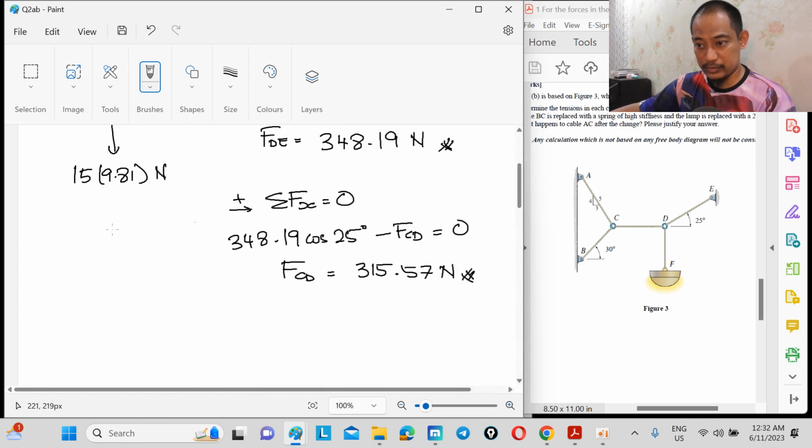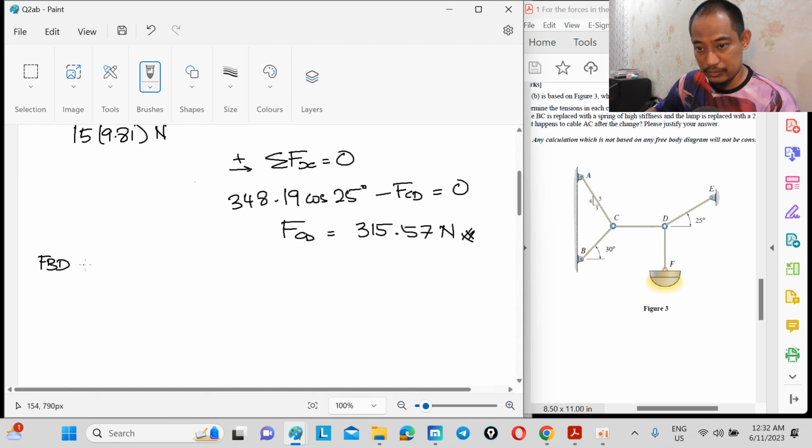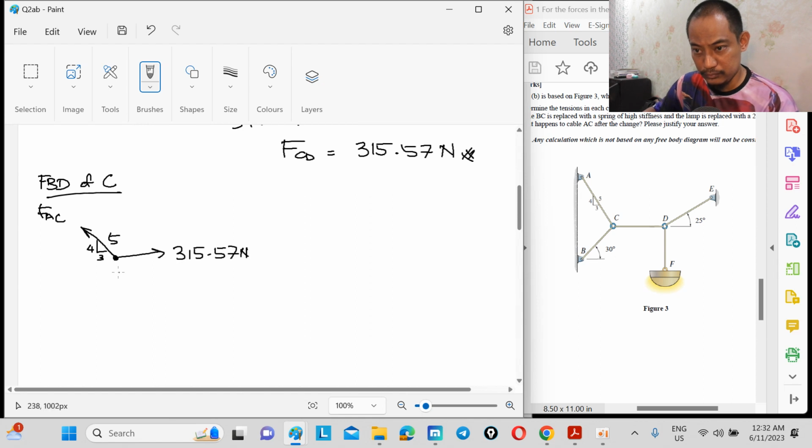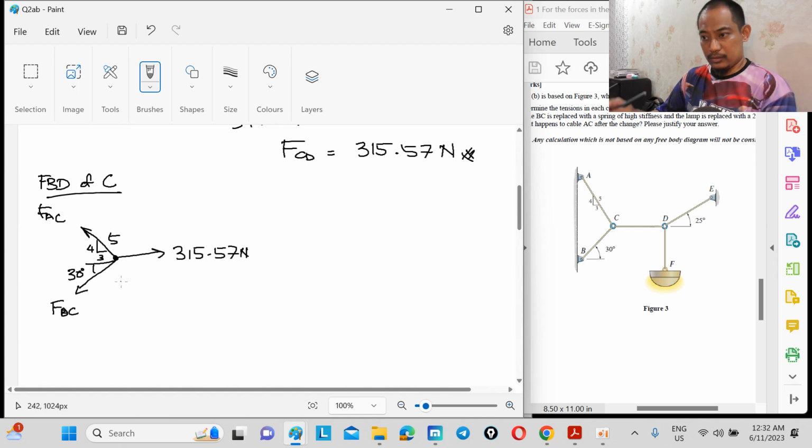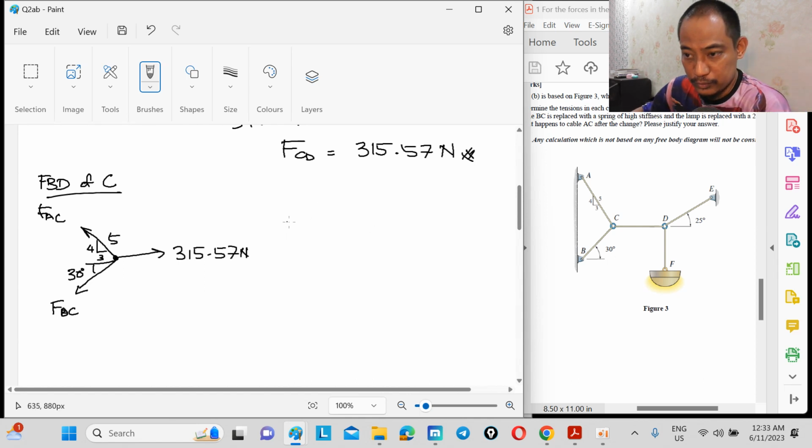So if we proceed with the FBD of point C, we'll have FCD, which is already known as 315.57 Newton, and then we have FAC with the angle, and then 30 degrees is there, so meaning this is 30 degrees, right? So here is FBC, 30 degrees there.